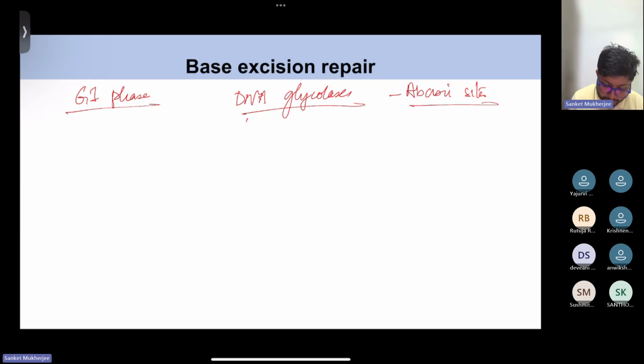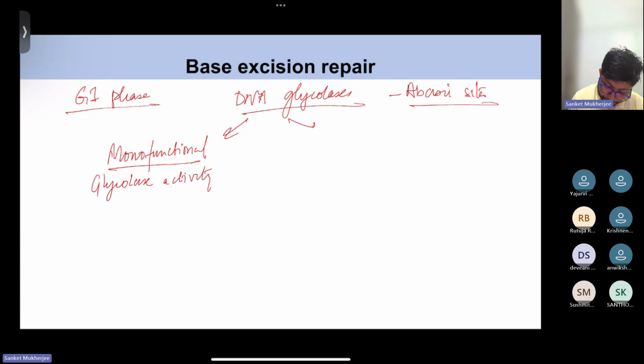Now these DNA glycosylases could be monofunctional, meaning they only have the glycosylase activity, or they could be bifunctional, so they have both glycosylase and beta lyase activity.